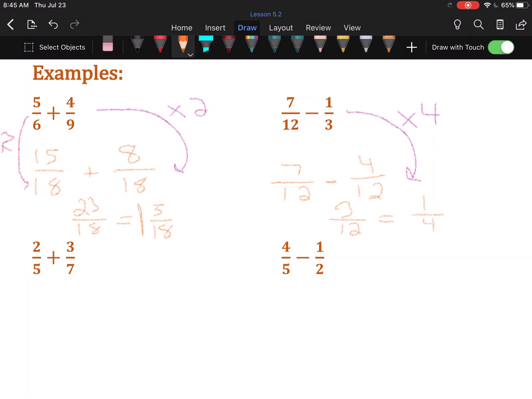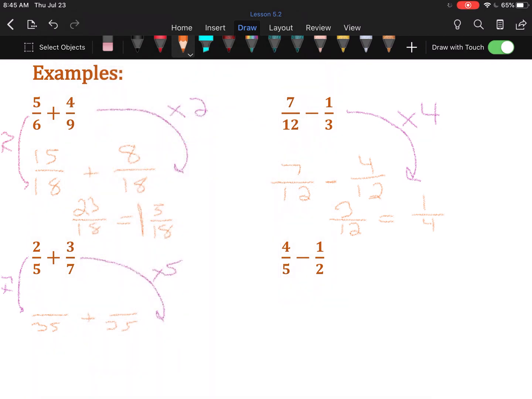It's 35. So we have to change both of these into fractions that have 35 on the bottom. On the first fraction, to change 5 into 35, we have to multiply by 7. For the second fraction, we're multiplying by 5.